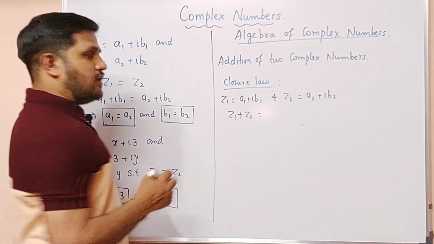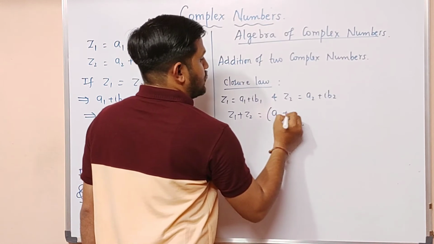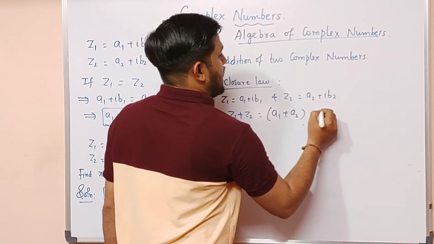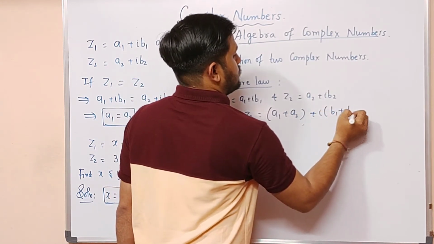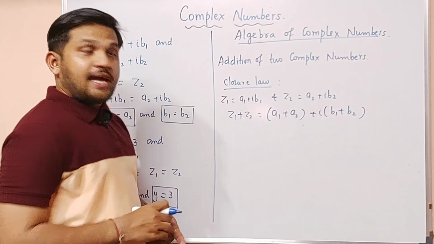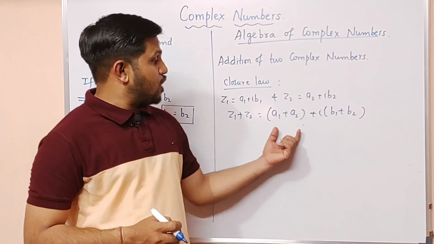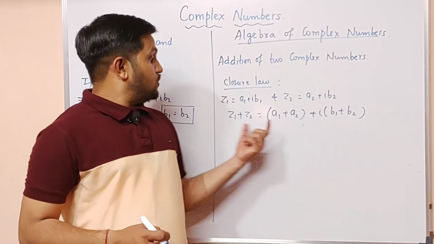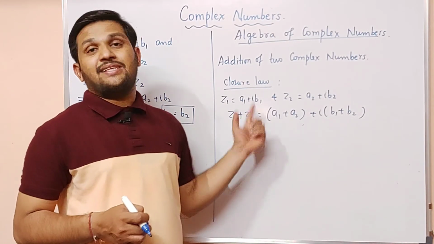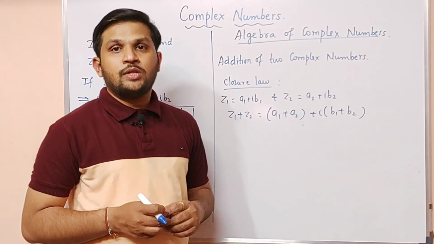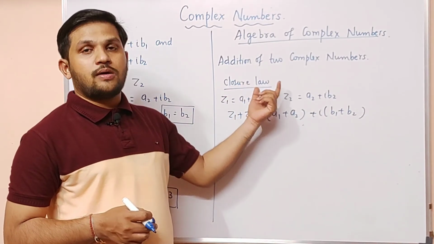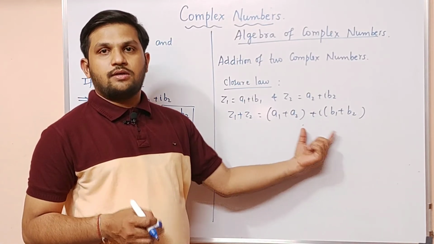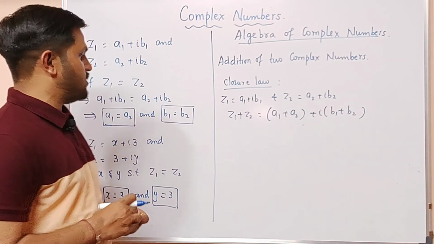It will be the sum of the two real parts, plus i into (b1 plus b2). And again this is a complex number because it has a real part as well as an imaginary part. So z1 plus z2 is again a complex number, therefore it satisfies the closure law. The sum of two complex numbers is again a complex number.